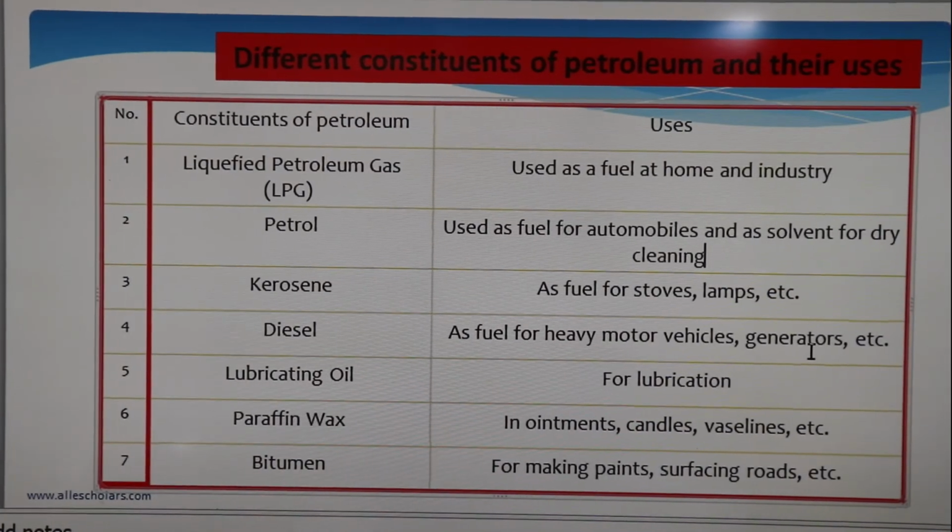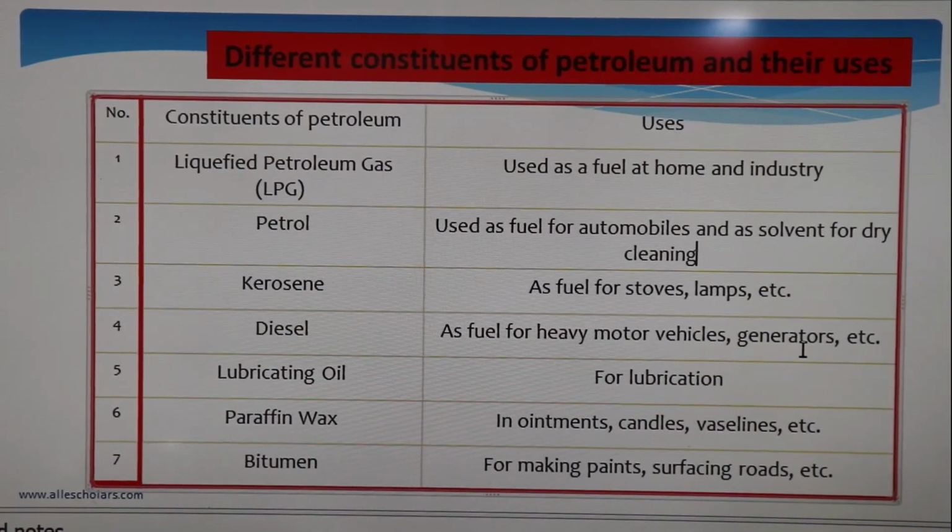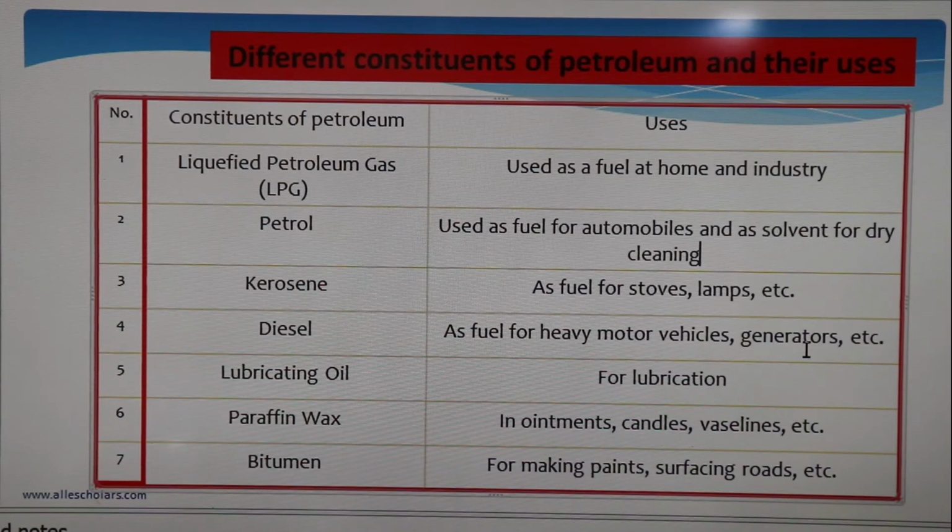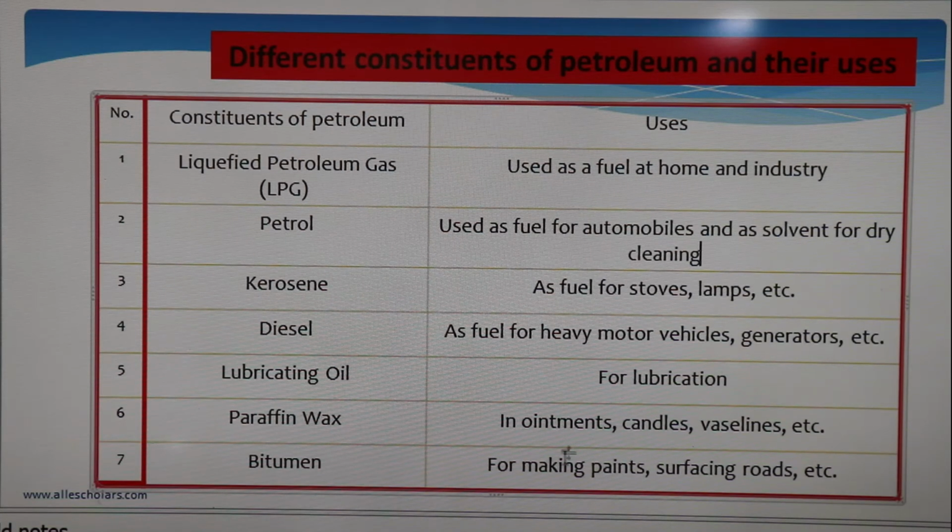Next comes the lubricating oil. Different lubricating oils are used for lubrication. And the next one is paraffin wax. Paraffin wax is used in ointments. Some ointments which we apply as a cream contain paraffin wax.